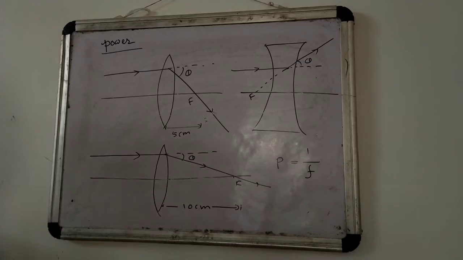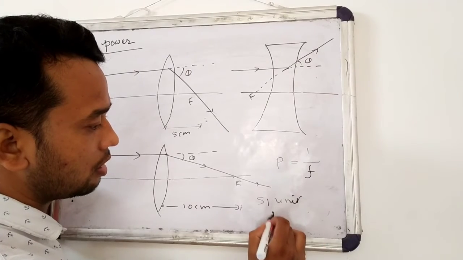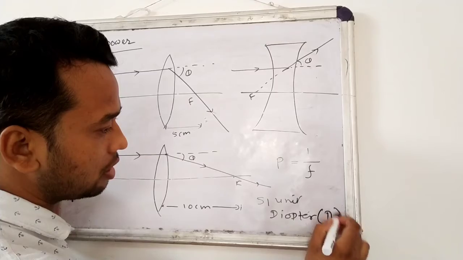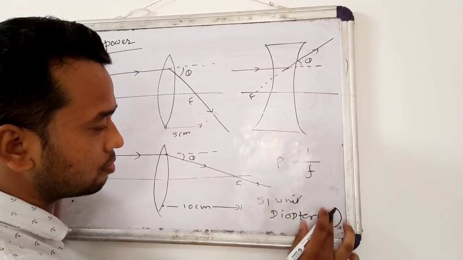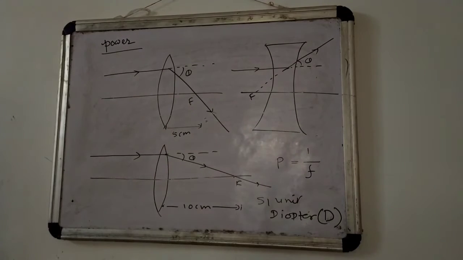So the power of a lens is the reciprocal of focal length. Its SI unit is the diopter. It is represented by capital D.